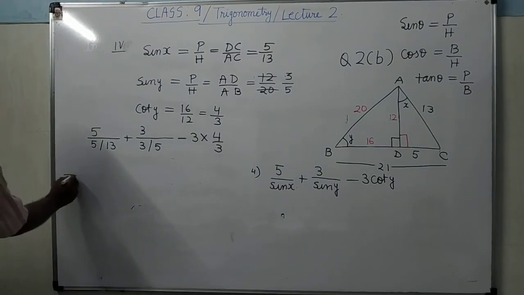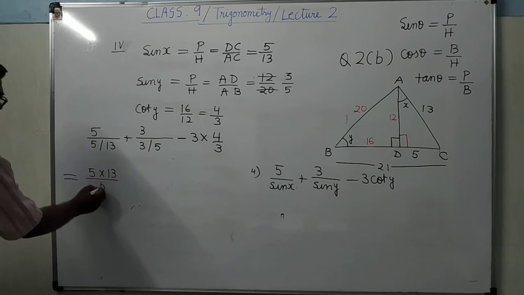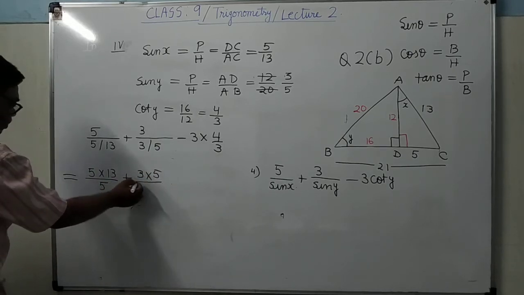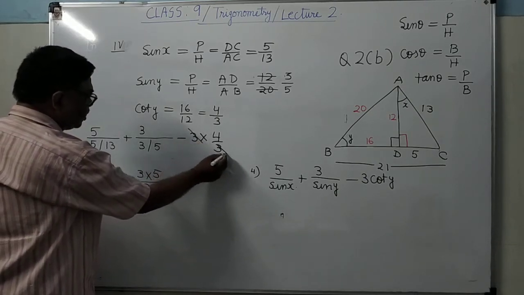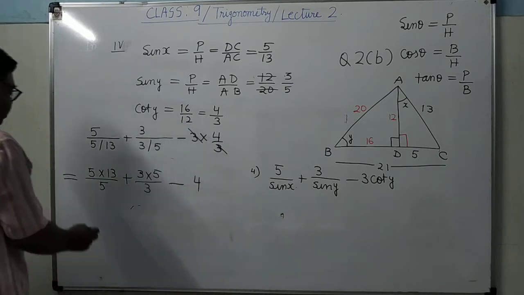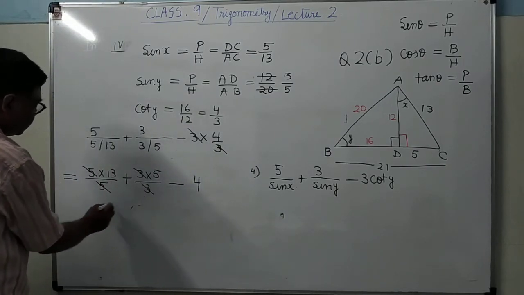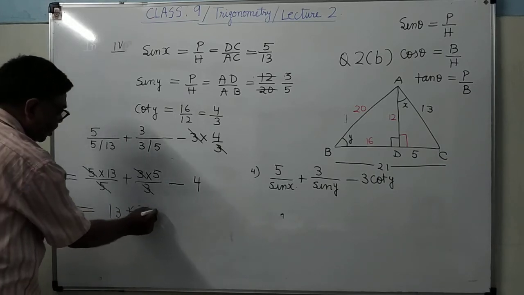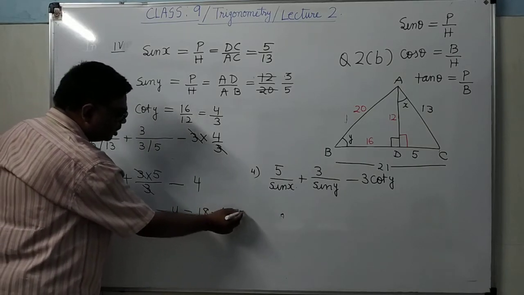When you further simplify, 5 into 13 upon 5 plus 3 into 5 upon 3 minus 3 and 3 cancel, 4. So 5 5 cancel, 3 3 cancel. So it is 13 plus 5 minus 4. That is 18 minus 4, it is 14.